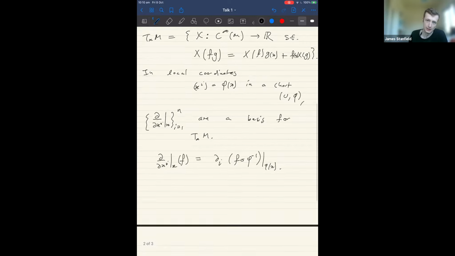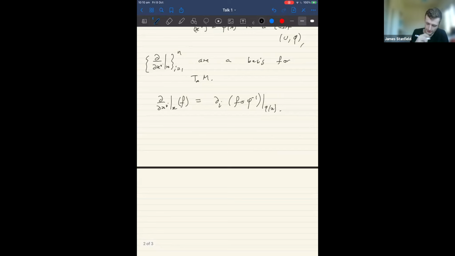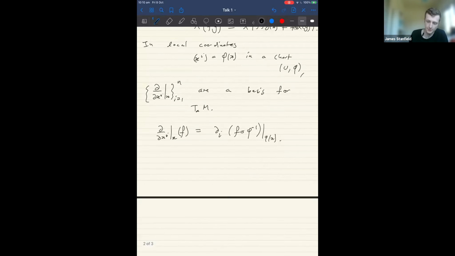Maybe for completeness, I'll dualize this concept. We'll let T*M, which is the disjoint union of the dual spaces, be the cotangent bundle.